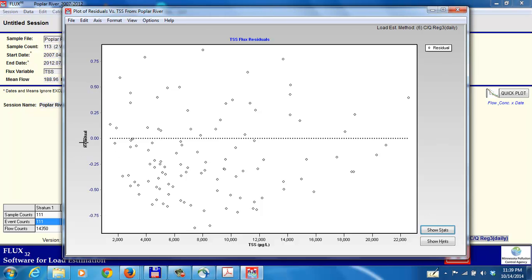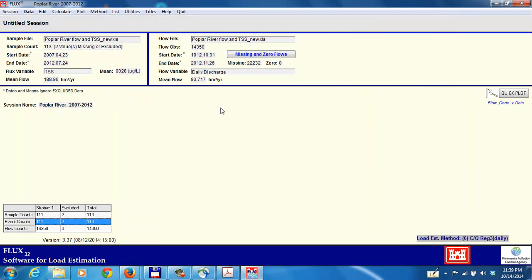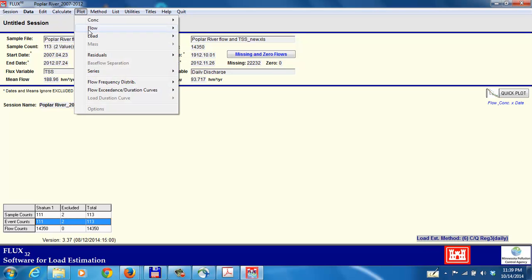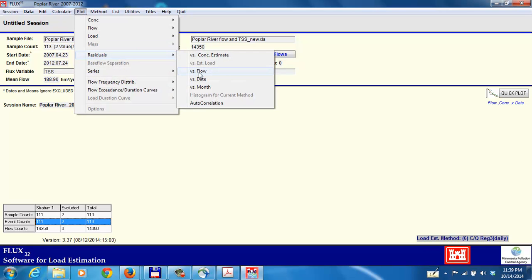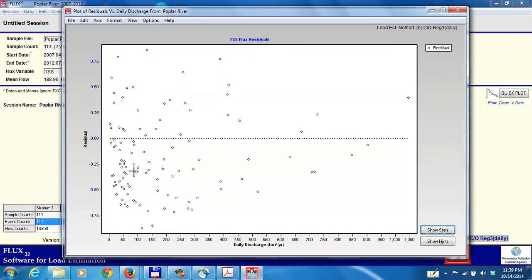And what we'd like to see for the residual of a particular method is that there's no bias as a function of concentration. We would like to see that there's no bias as a function of date or of flow magnitude, and so we can do those different plots here. That was the one for residual versus concentration. We can look at residual value versus flow.